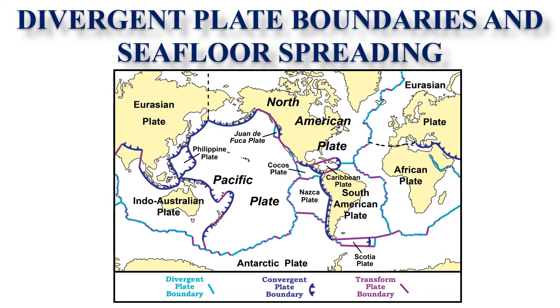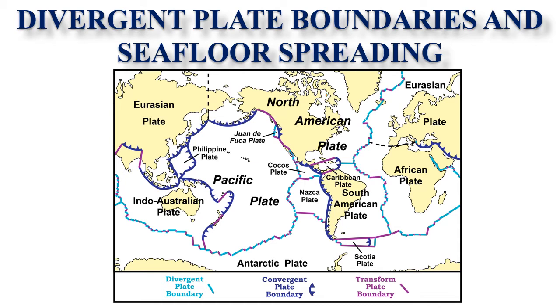Now let's study all types of plate boundaries one by one. First we are going to take the divergent plate boundaries and seafloor spreading. The majority, but not all, divergent plate boundaries are associated with oceanic ridges. Oceanic ridges are elevated areas of the seafloor.